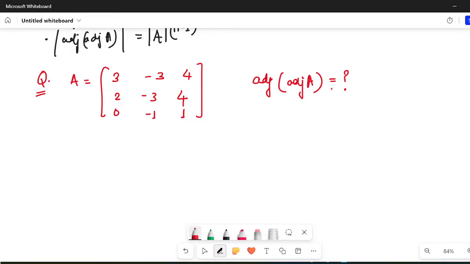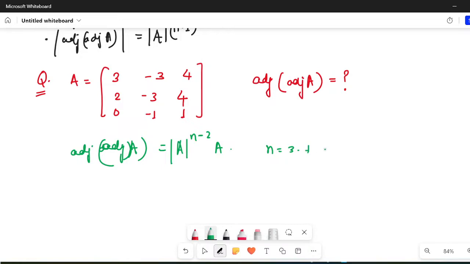As I've already written, adjoint of adjoint A is determinant A raised to power n minus 2 times A. Here, instead of n, I can use 3 because this is a 3 cross 3 matrix, so n is equal to 3. And then secondly, also judge the nature.